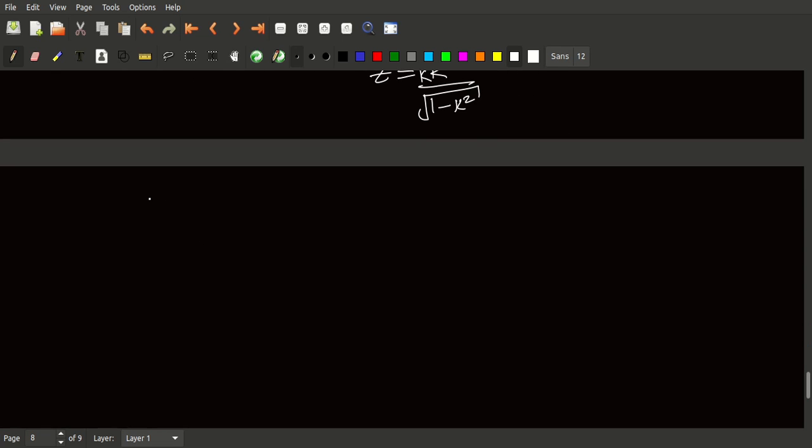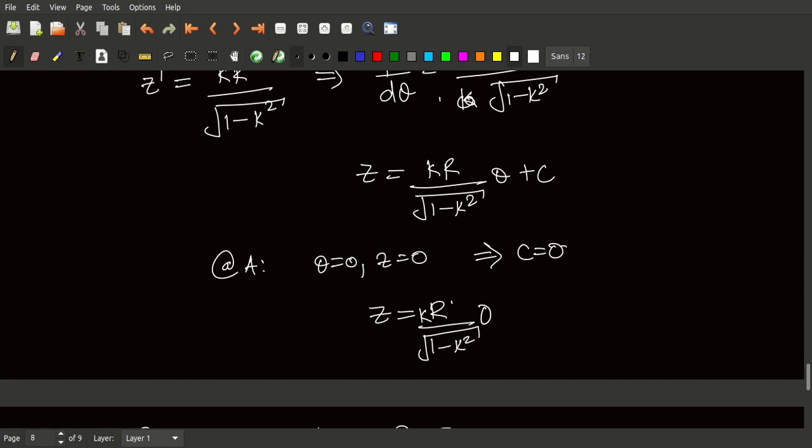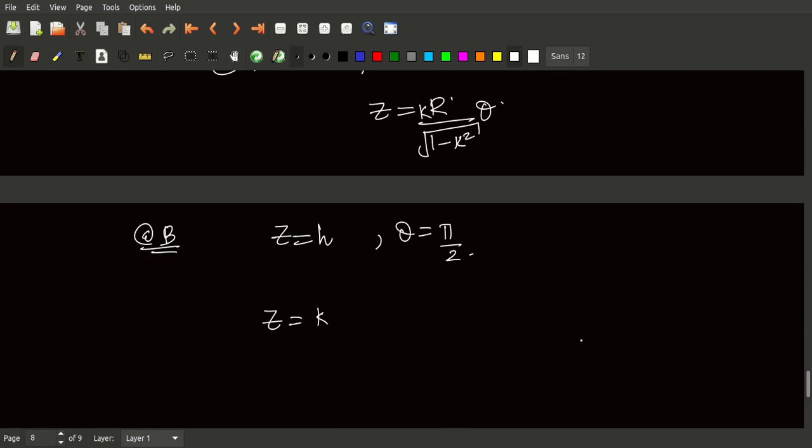Now to fix the second constant, we look at B. So at B we have z equal to h and theta equal to pi by 2. This is given. So z is equal to k R, oh sorry, there is a theta here, so k R upon under root of 1 minus k squared times theta, with theta at pi by 2.